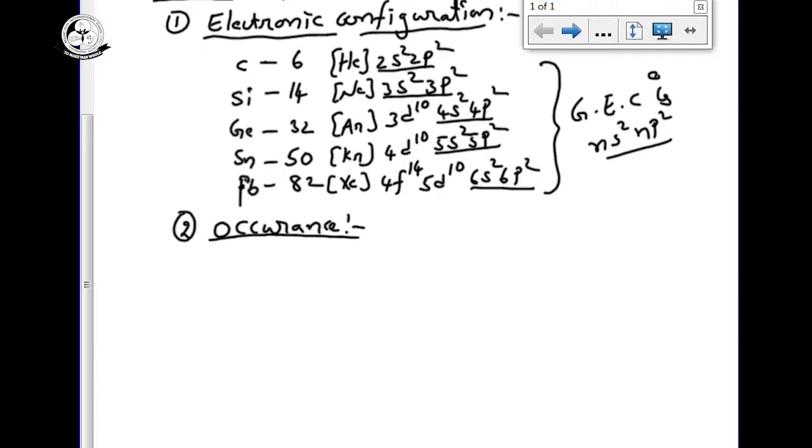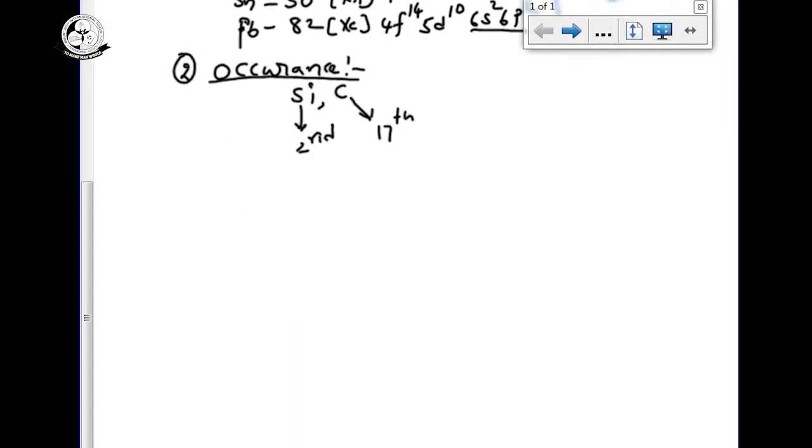The most abundant element in this group is silicon, and the next most abundant is carbon. Silicon is the second most abundant element in the earth crust, and carbon is the 17th most abundant element in the earth crust. Silicon is available in the form of silicates.